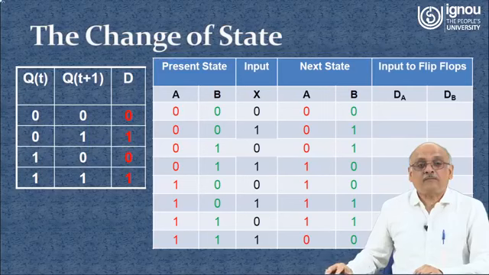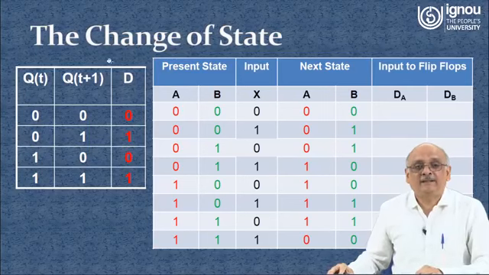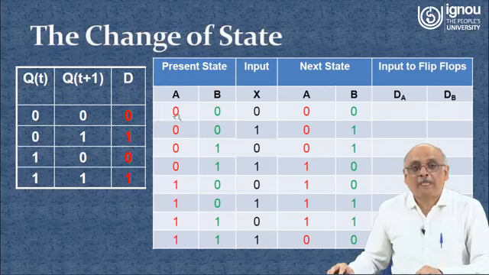Now let's try to visualize the change of states. This is our D flip-flop, and this is the excitation table of the D flip-flop. Now this is the present state.